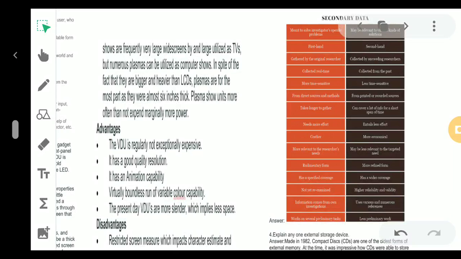If it doesn't have anything, then the computer cannot work. Secondary is used for extra storage purposes. If it doesn't have it, then the computer can also be run. Okay, so more sensitive in nature, that is the primary memory. Okay, and this one is less sensitive. Many modes are there, you can have a look at it.